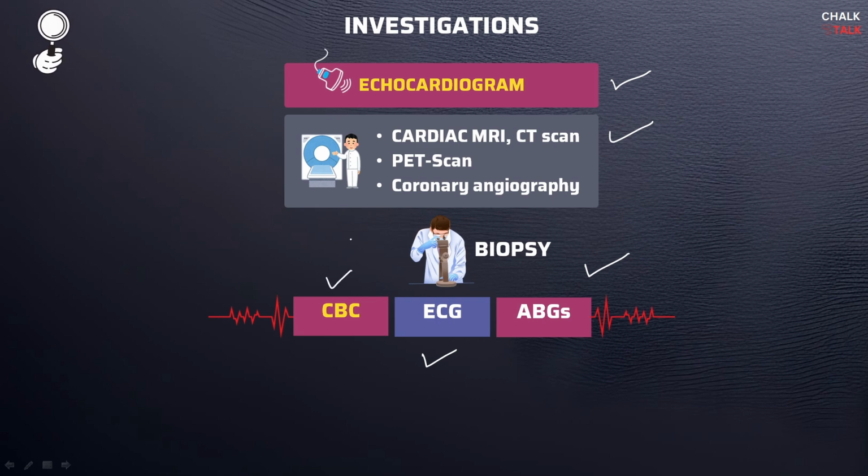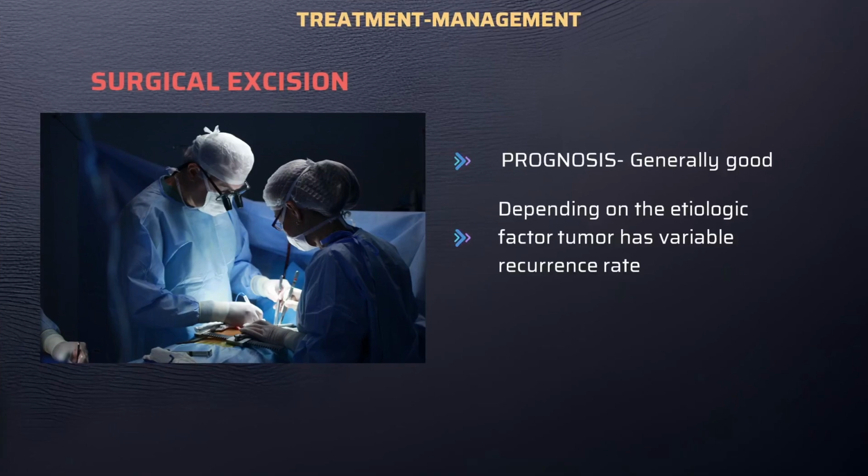Never forget about a complete blood count, a basic test that can help identify signs of infection or other issues, and also ABGs if complications like hypoxia arise. So, in summary, the typical sequence starts with echocardiogram followed by a more detailed imaging if needed, and sometimes additional tests.